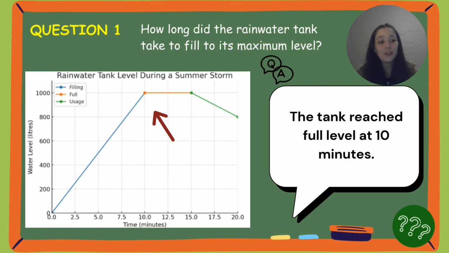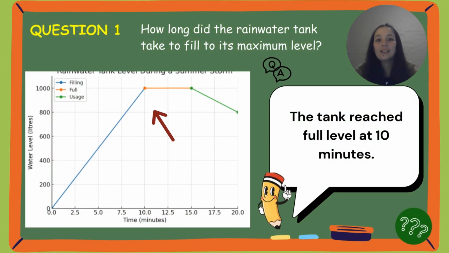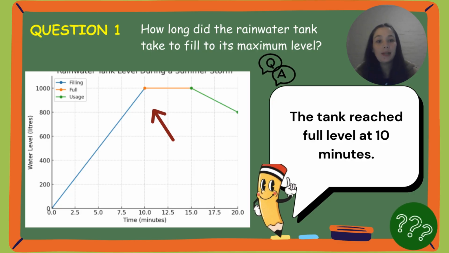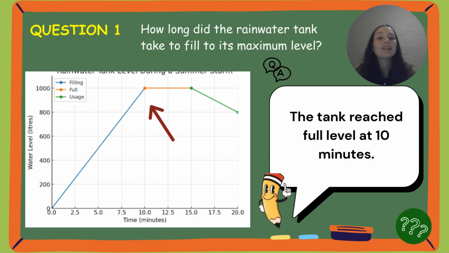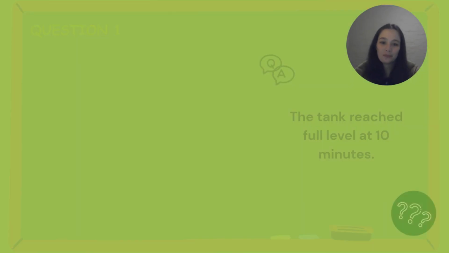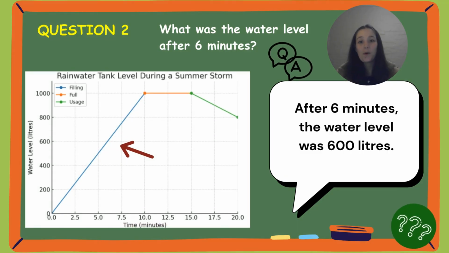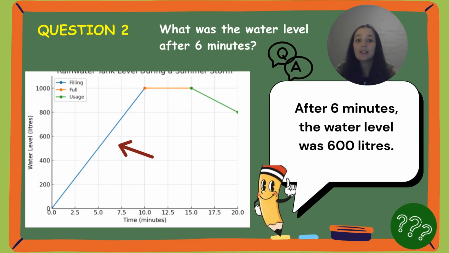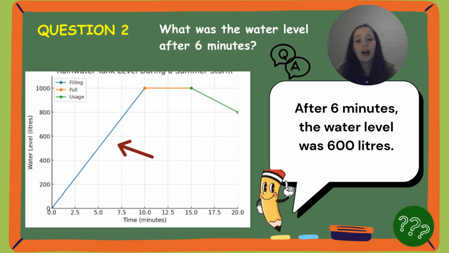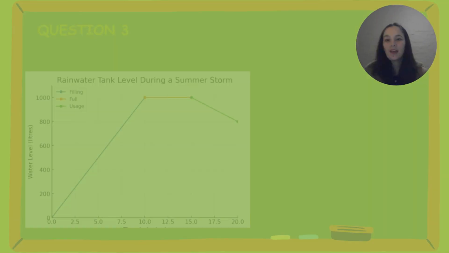Okay, so for the first question, how long did the rainwater tank take to fill to its maximum level? The tank reached full level at 10 minutes. Question 2. What was the water level after 6 minutes? We can see that after 6 minutes, the water level was 600 liters.